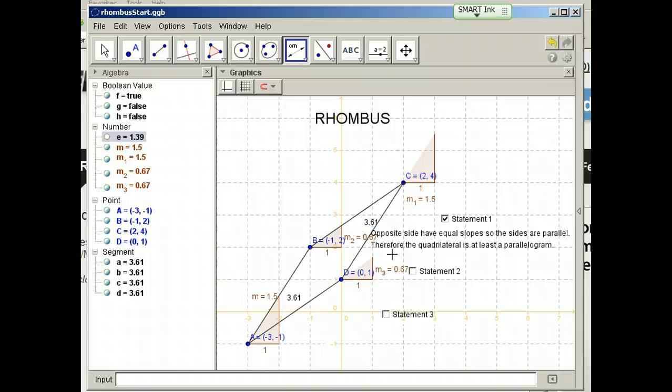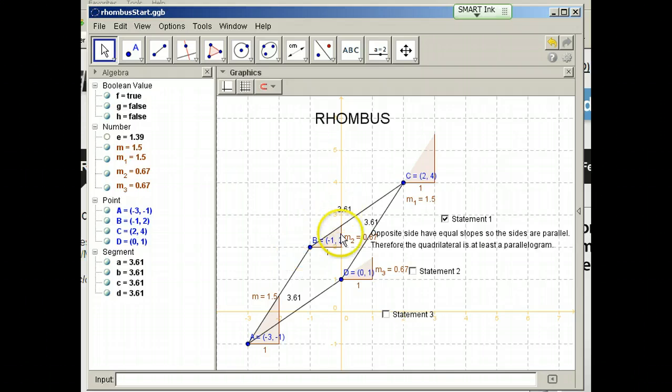When we showed that a figure was a parallelogram in the last screencast, we proved that the opposite sides also were equal. So what we really care about are the adjacent sides, and we'd like to know, what about this side here adjacent to this one? It's a little hard to see now, but if I move it, this side adjacent to this side is also 3.61.